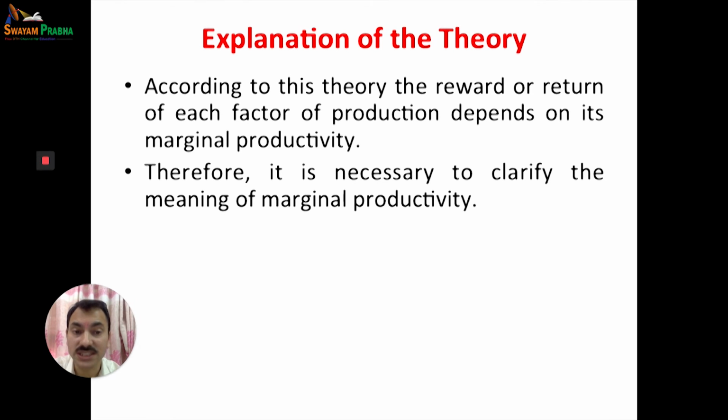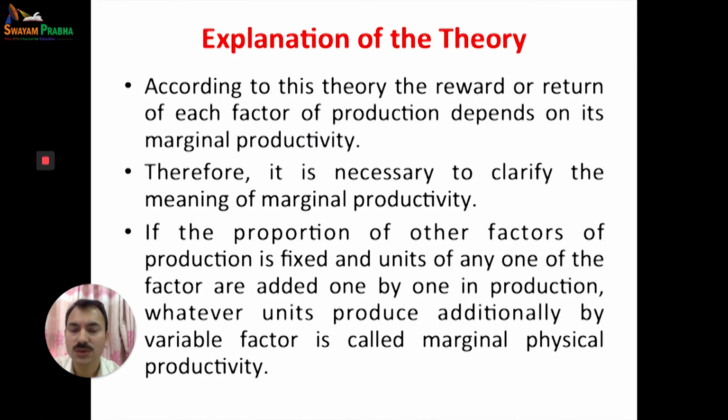Therefore, it is necessary to clarify the meaning of marginal productivity. We have already clarified that if the proportion of other factors of production is fixed and the units of any one factor are added one by one in production, whatever is produced additionally by the variable factor is called marginal physical productivity.